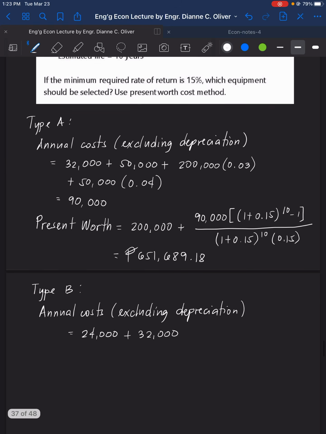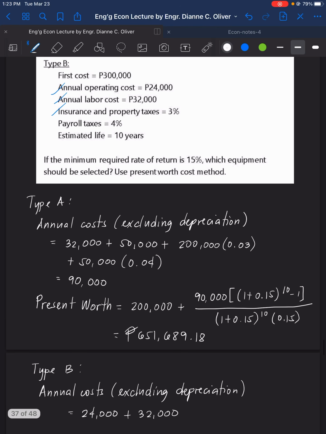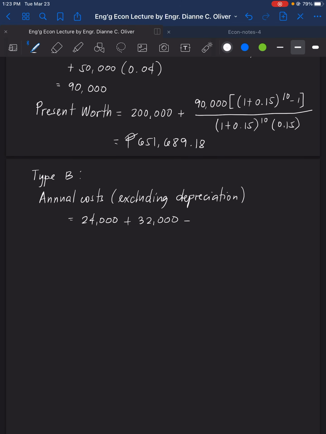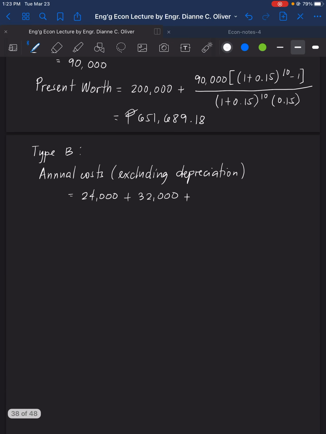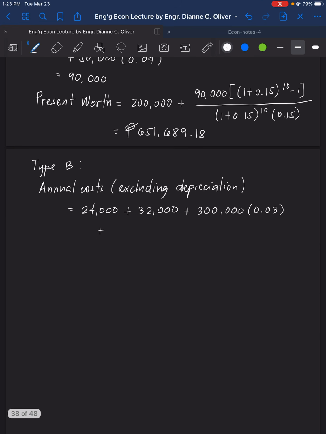Next, we have 3% for the insurance and property taxes, while payroll is 4%. So for the insurance, the first cost here is 300,000, so we will multiply it by 0.03, plus the payroll taxes. This 4% will be on the labor cost.